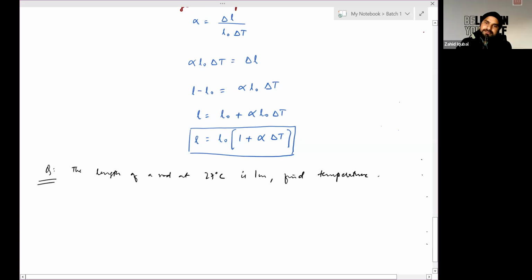Find the temperature at which its length becomes 101 centimeter if alpha is 2 into 10 to the power minus 3 Kelvin inverse.